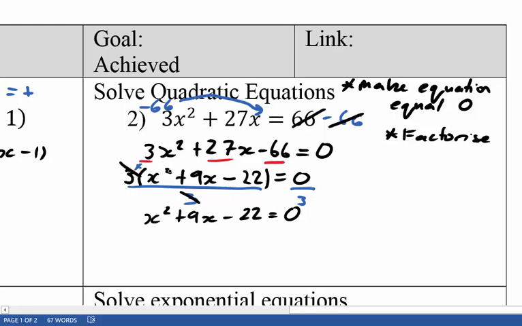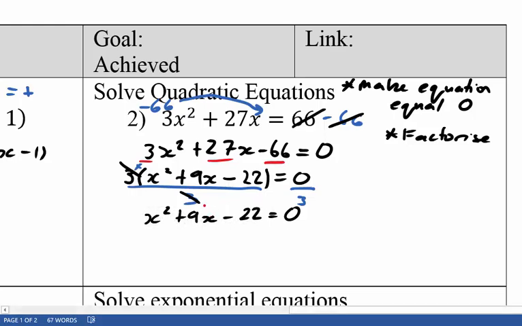So the beauty of taking the 3 out and putting it outside the bracket is that when I divide by 3, I'm still going to get 0 over here. So now I've got a much easier factorising problem.